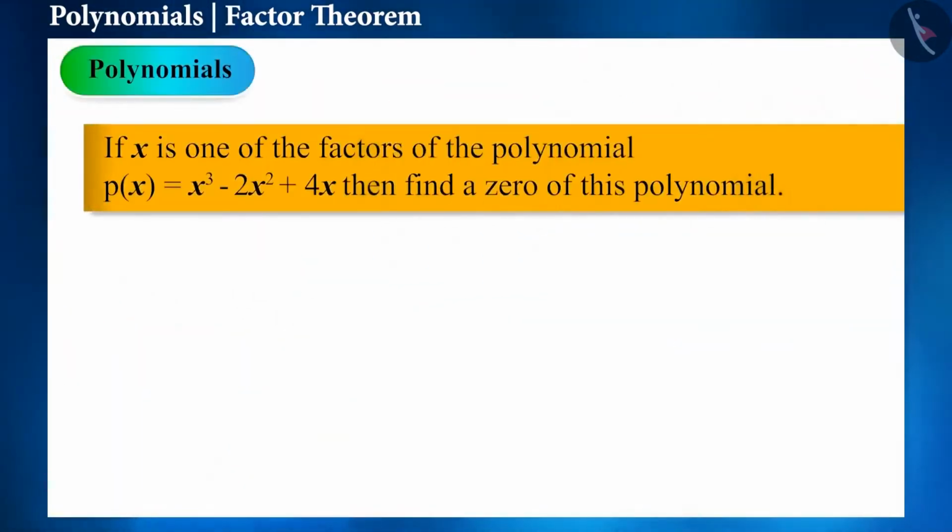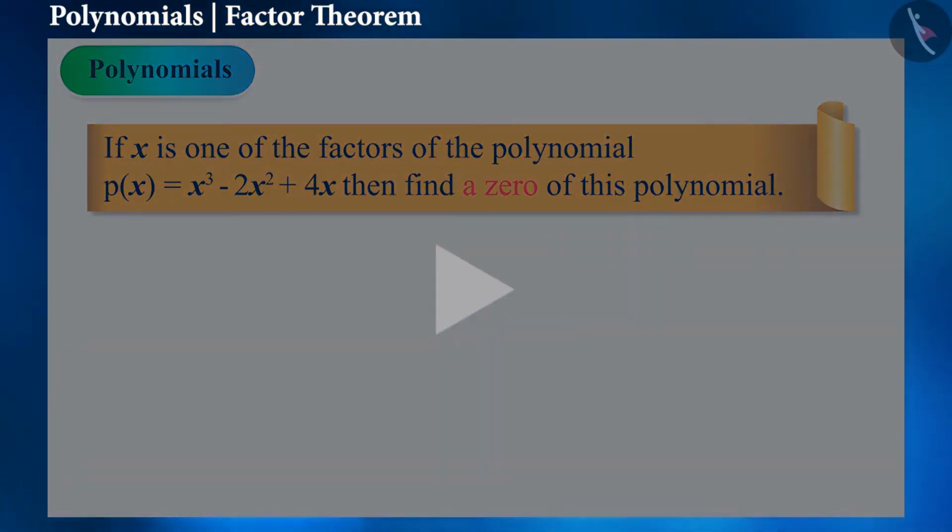So let's start. If x is one of the factors of the cubic polynomial p of x is equal to x cubed minus 2x squared plus 4x, then what can be one of the zeros of this polynomial? Friends, the answer to this question lies in the question itself. We do not even need to solve it completely.